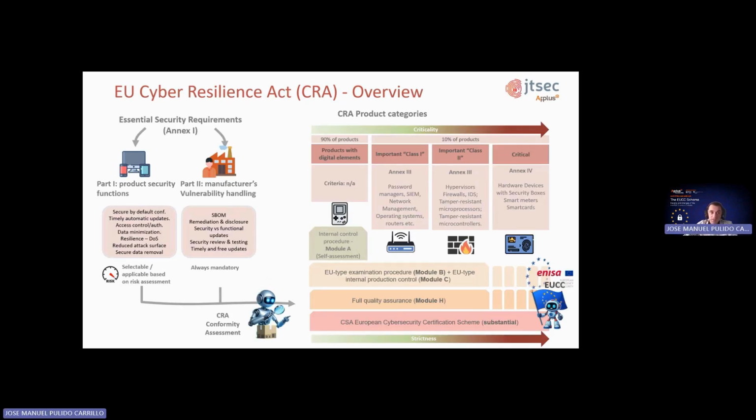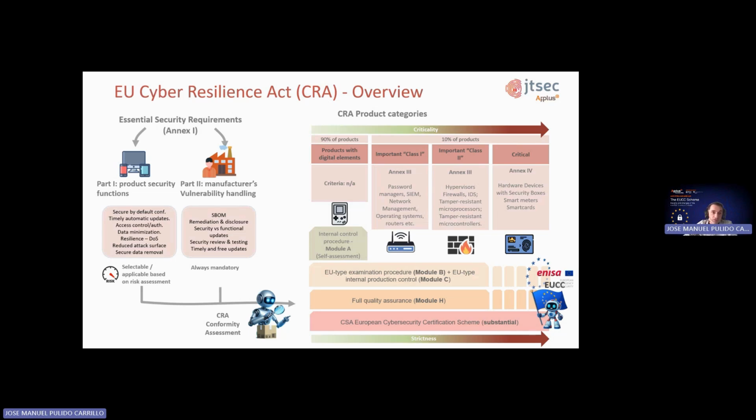As mentioned, the Cyber Resilience Act defines a number of cybersecurity requirements, which are called essential security requirements. They are included in Annex 1 of the regulation, and Annex 1 is divided into two parts. The requirements within part 1 are related to security functionalities and security properties to be implemented in the product.